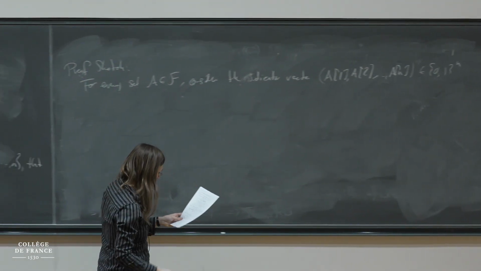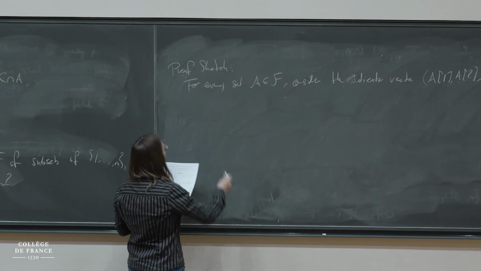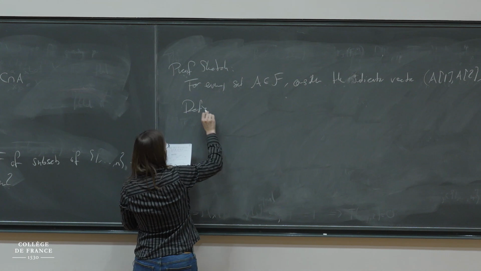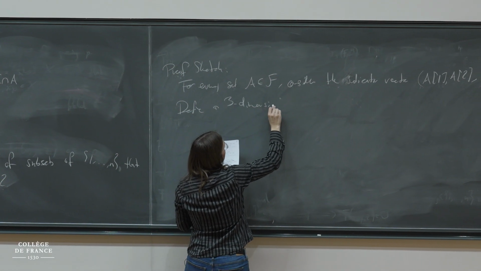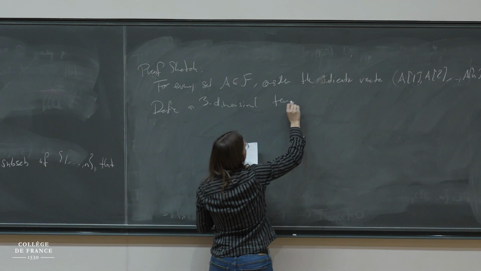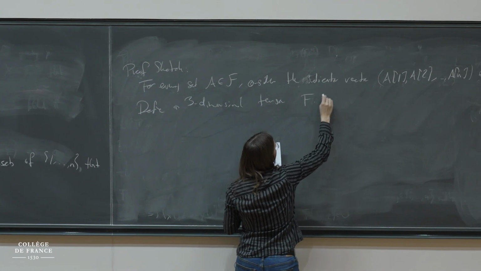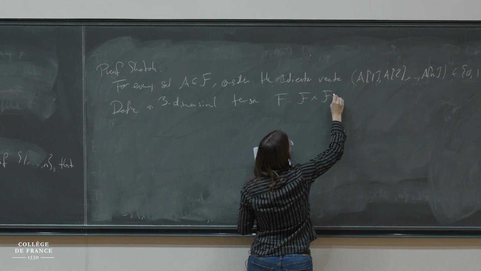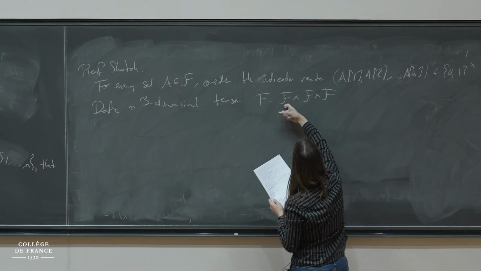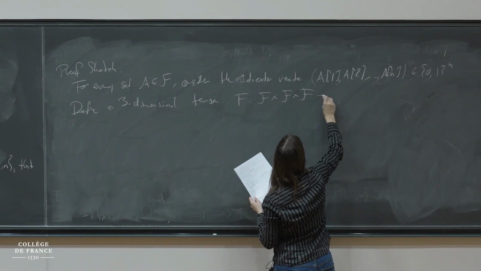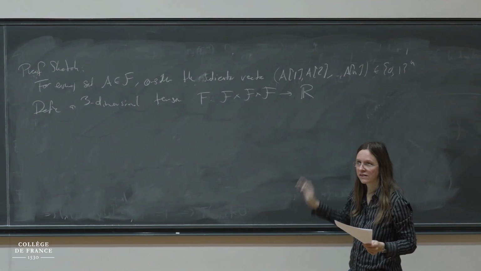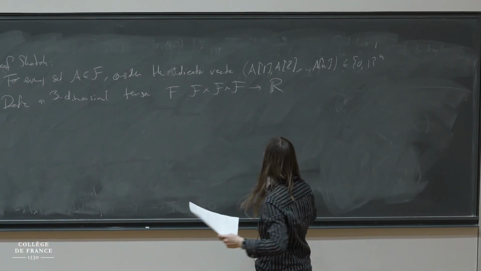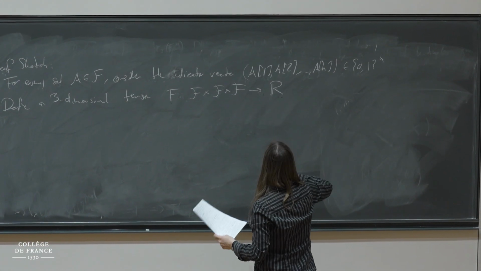And so now let's define the relevant tensor. So define a 3-dimensional tensor f from F cross F cross F. So this F is the family, this f is the name of the tensor, and the field now we just take R. So you can also take another field of characteristic 0 if you prefer, Q, but let's take a field of characteristic 0.